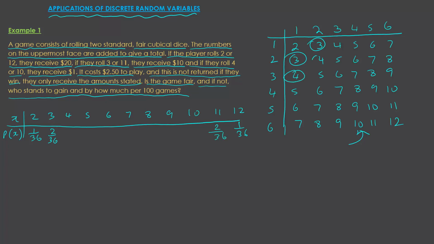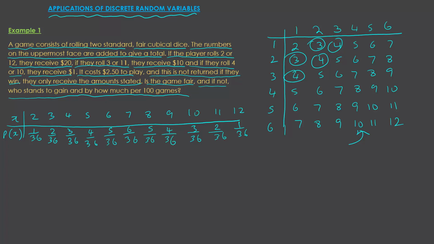And for the 4, we can see 3 of those. So 3 out of 36, 3 out of 36 here as well. And if we continue, we would find that it starts to go down again at this point.